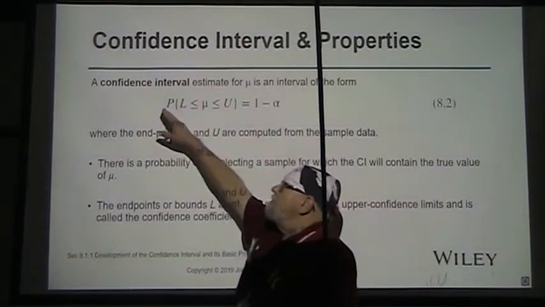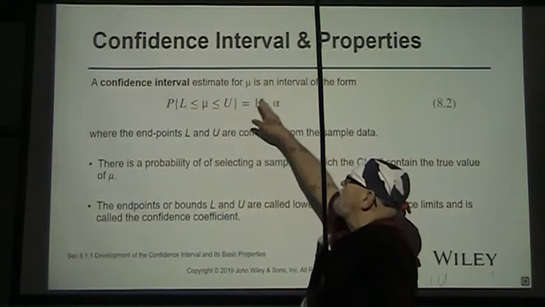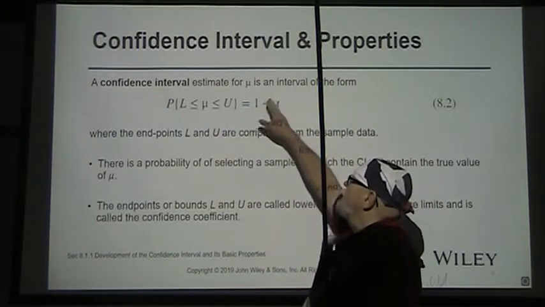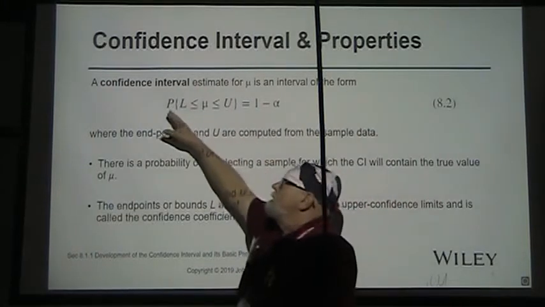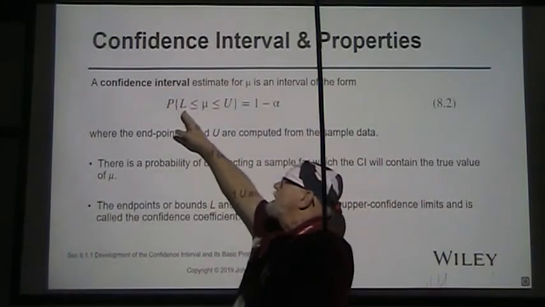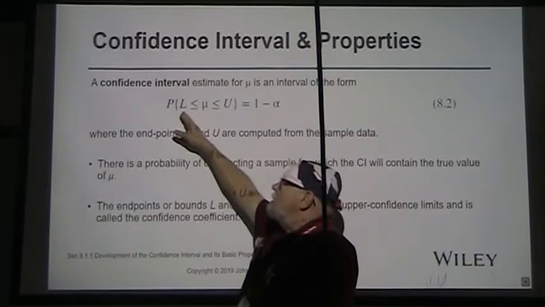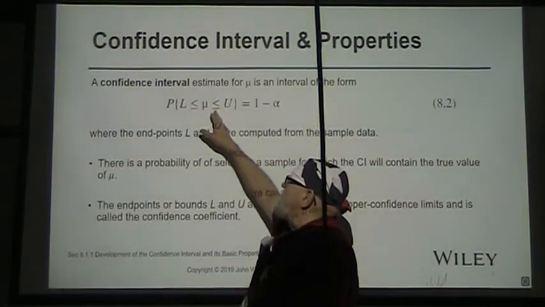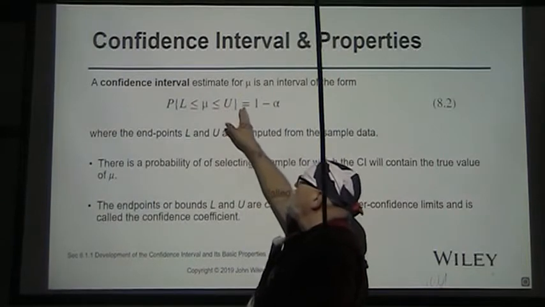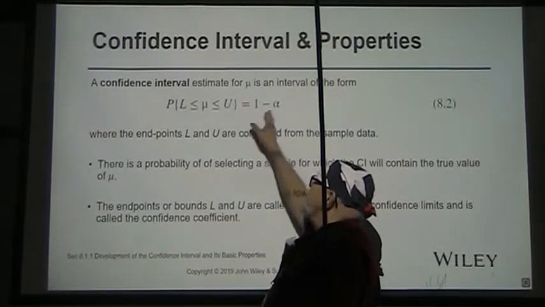So, a confidence interval estimate for mu is an interval of the form, the probability that L is less than or equal to mu is less than or equal to U equals 1 minus alpha.